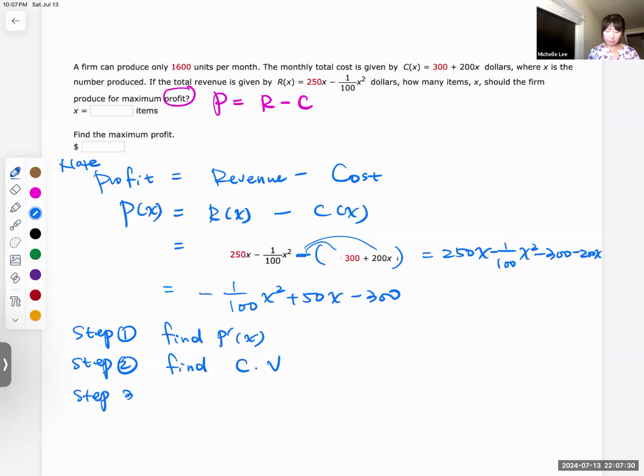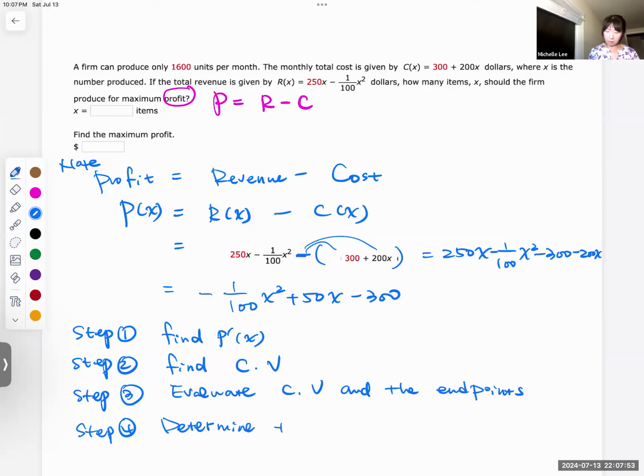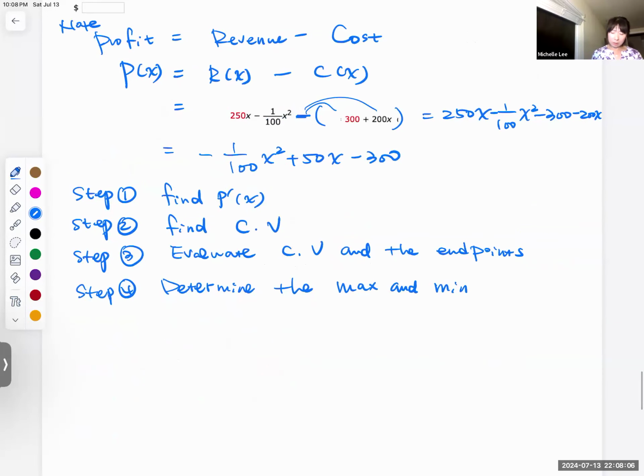Step 3, evaluate critical value and the endpoint. Then step 4, determine the maximum and minimum, right? So in that case, we need to look for only maximum, right? Okay, so let's find out step 1.